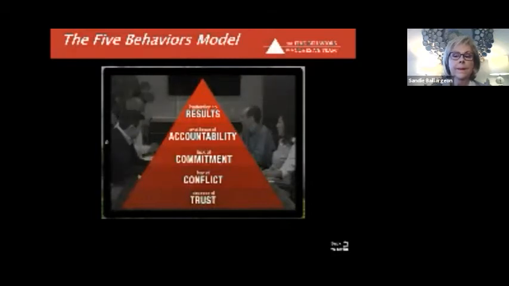Another way to understand this model is to take the opposite approach, a positive one, and imagine how members of truly cohesive teams behave. First, they trust each other. They engage in productive conflict around ideas. They commit to decisions and plans of action. They hold one another accountable for delivering against those plans. And they focus on the achievement of collective results.